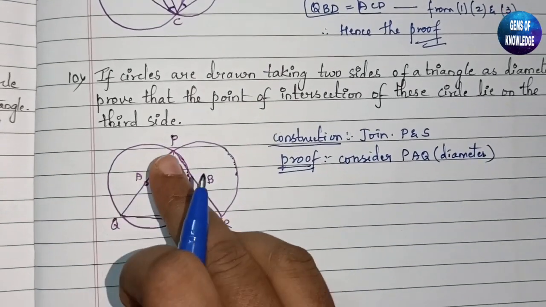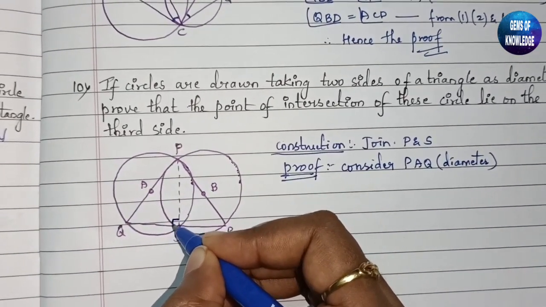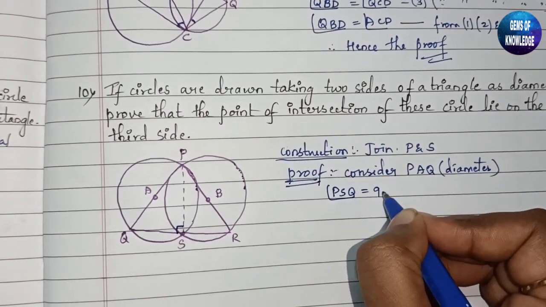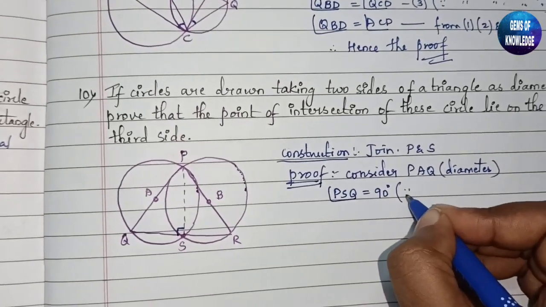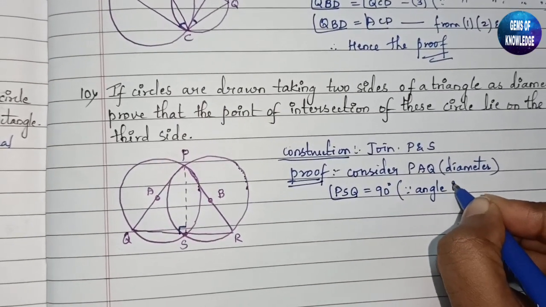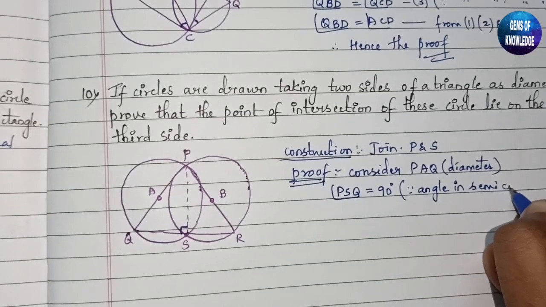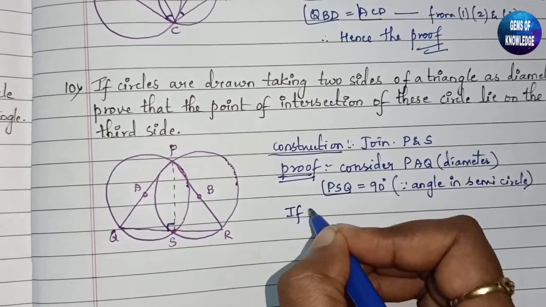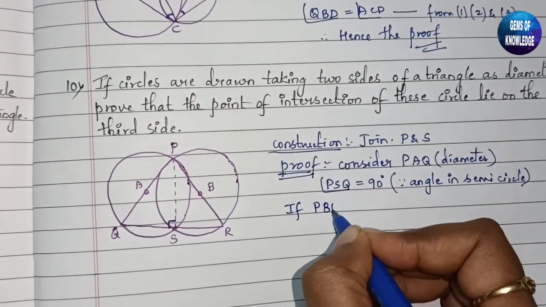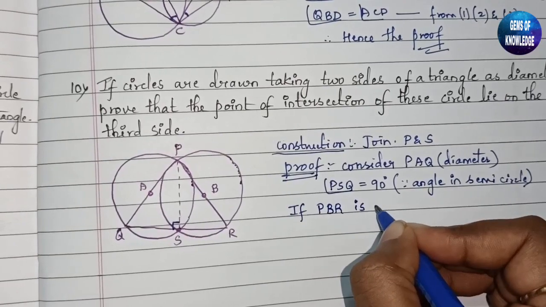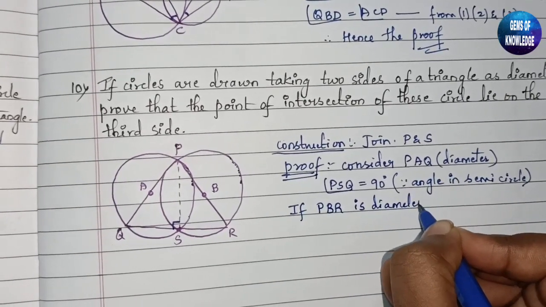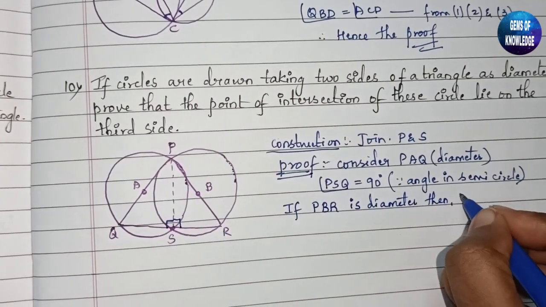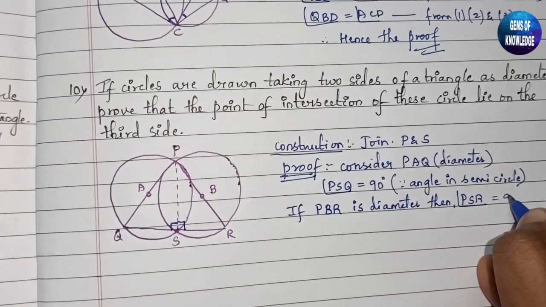If this is the diameter, then angle PSQ is equal to 90 degrees, since angle in a semicircle. Similarly, if PBR is the diameter, then angle PSR is equal to 90 degrees.